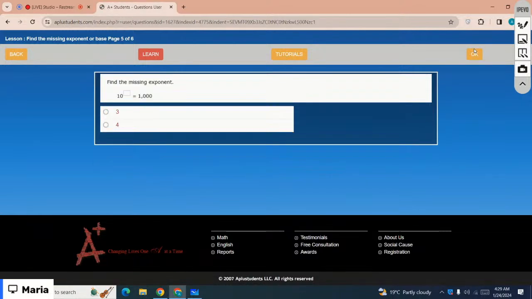Can you hear me? Find the missing exponent. 10, the missing exponent, equals 1000. So which exponent is missing? Very good. The correct option is 3.